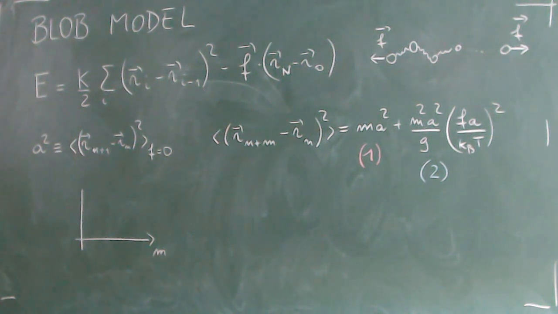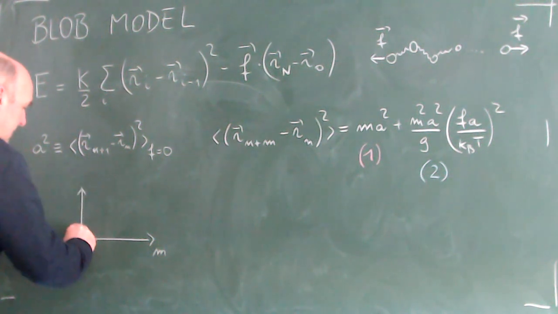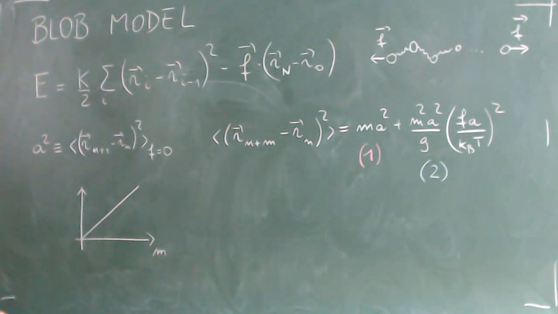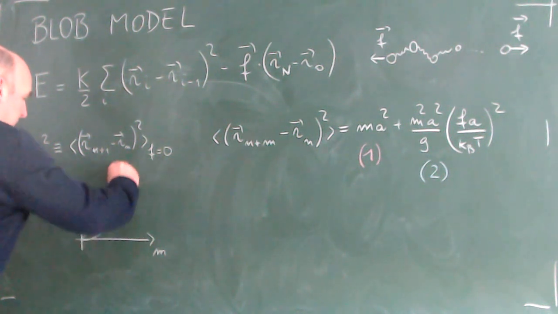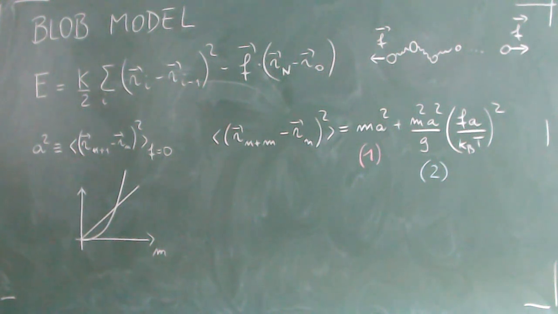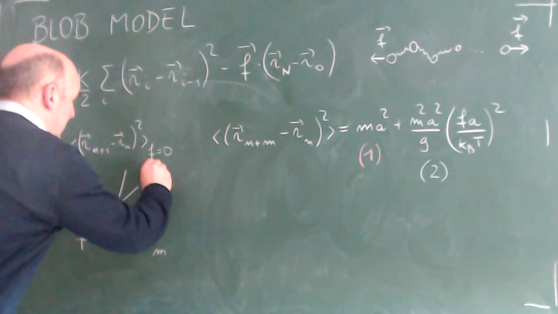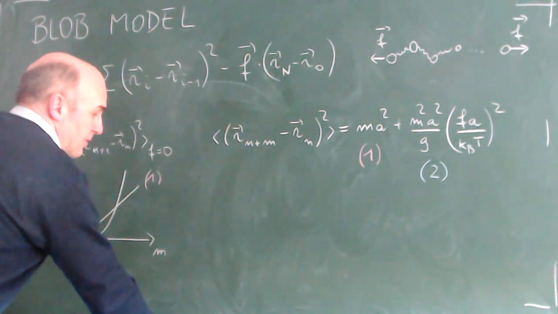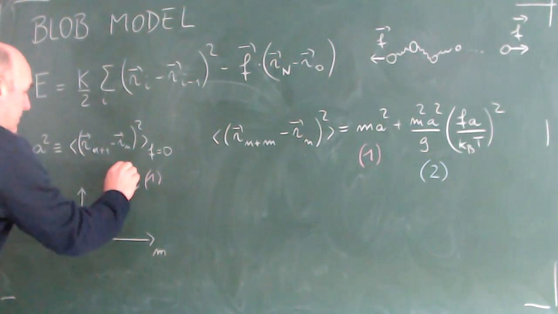So if we plot the two, the first contribution is a straight line, and the second contribution is a parabola. Okay. So we use the same colors, the first one is the red color, the 1, the other one is the blue color, line 2, which we plot here.